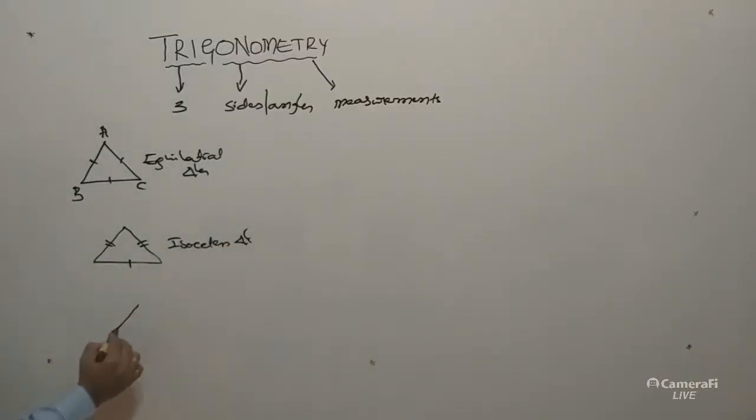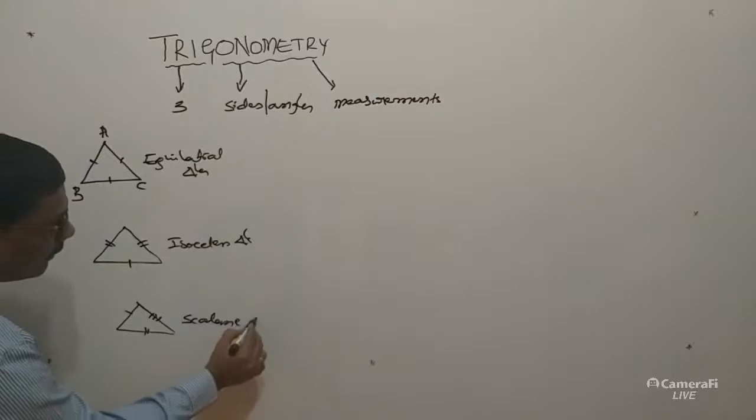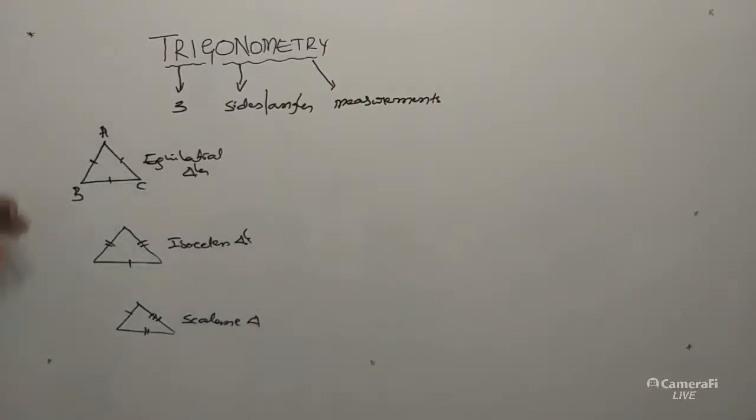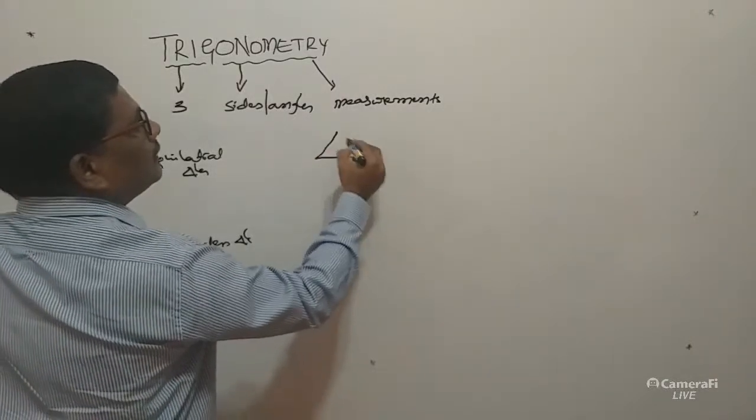The other one is, if all three sides are of different measures, then it is a scalene triangle. These are all based on their sides.